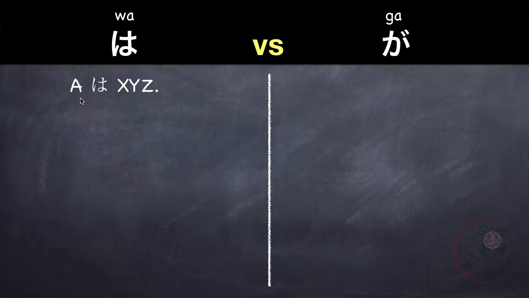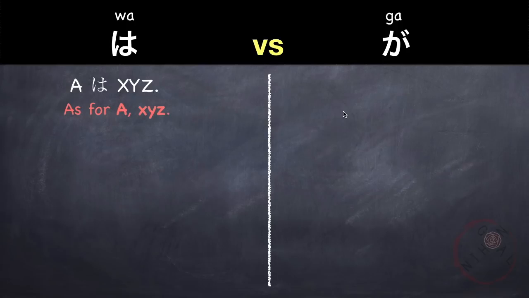What comes after nani nani wa is the information regarding the topic. So XYZ is giving information or explaining about A. It could be another noun, an adjective, a verb, or a location. We could translate this as for A, XYZ. So here we are really focusing on the information or whatever comes after nani nani wa.